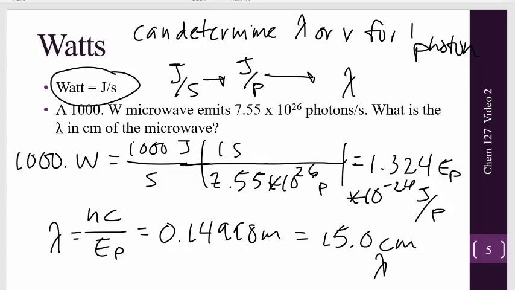Okay, so we've looked at different calculations we can do with photons in the different types of electromagnetic radiation, how to relate wavelength, frequency, energy, number of photons, and now energy per time. So for the different types of electromagnetic radiation, we talked mostly about visible light and how it relates to dye molecules.